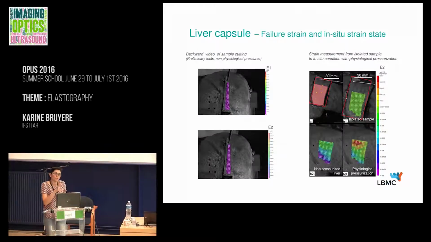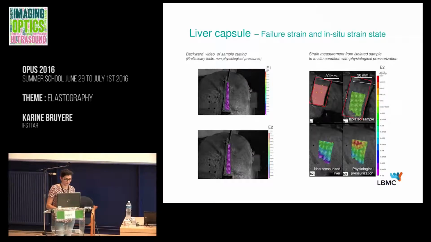And we observe the black dot patterns on the liver before, on the liver under different pressures, and after that we cut the samples. And if we run the video backward, it gives something like that. We start with the samples, which is cut at the end in reality. This is the first principal strain. And considering the sample is the free strain situation, we compute the pre-strain of the capsule on the liver.